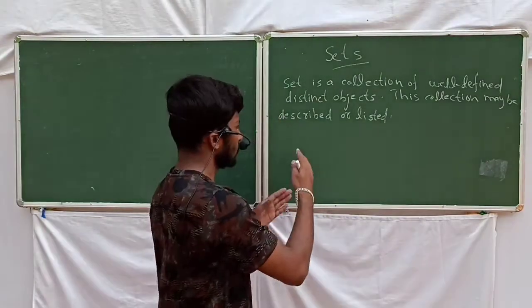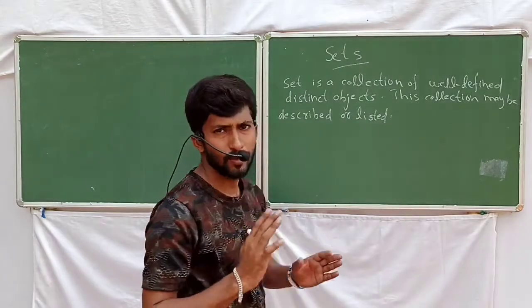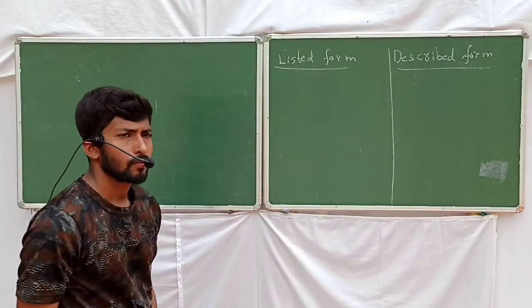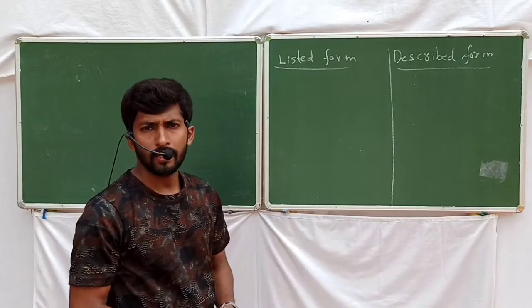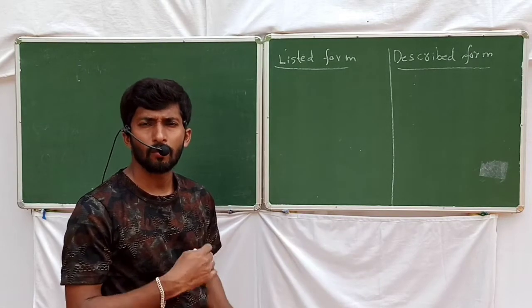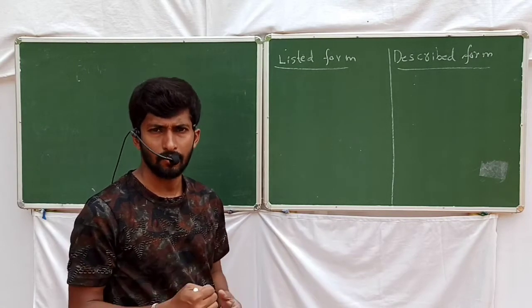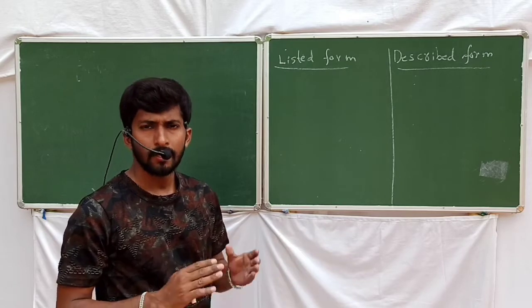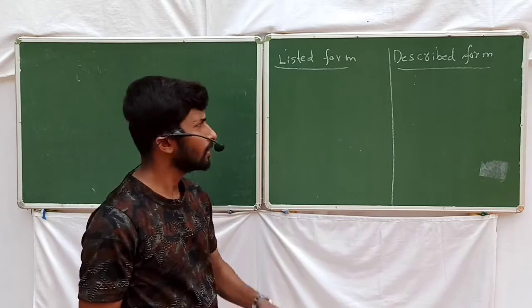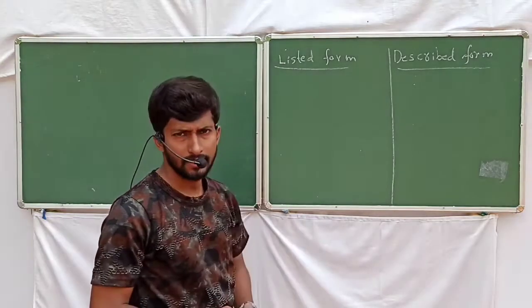I will show that in described form as well as the listed. Usually sets are denoted by capital letters A, B, C. You can use any letters while writing the set. Now see the examples for set in the listed form and described form.